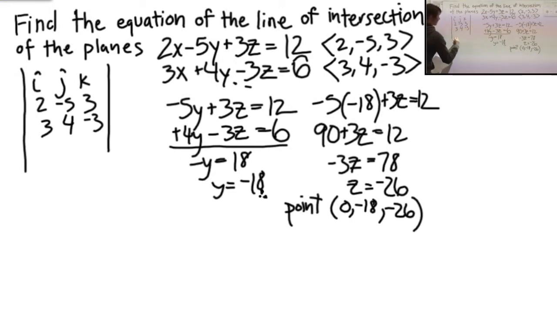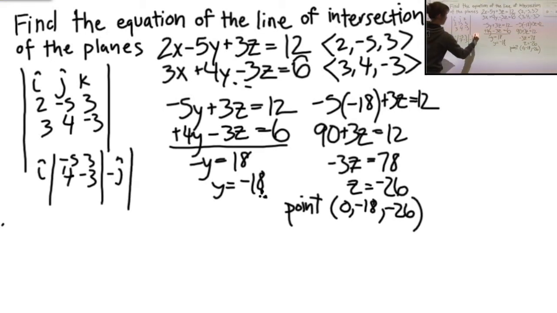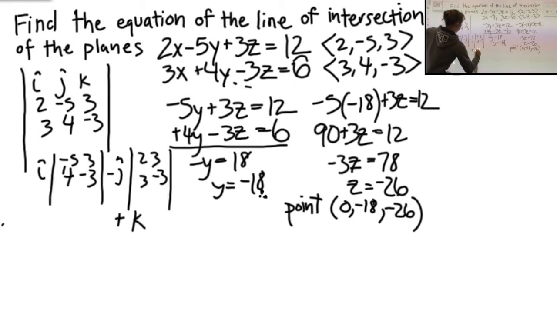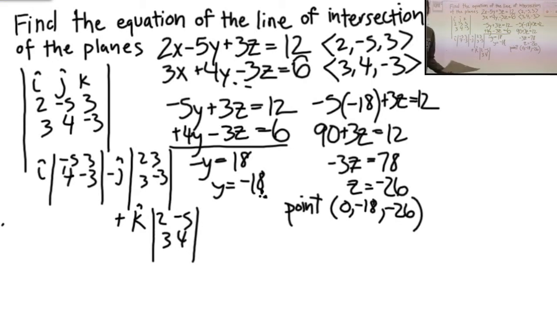If we cross these, we get i hat times the matrix negative 5, 3, 4, negative 3, minus j hat 2, 3, 3, negative 3, plus k hat times 2, negative 5, 3, 4. And if we do all those determinants, we're going to get this vector 3, 15, 23.